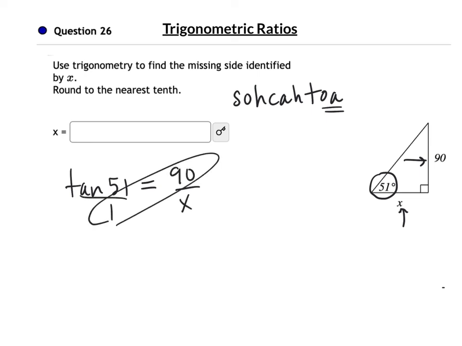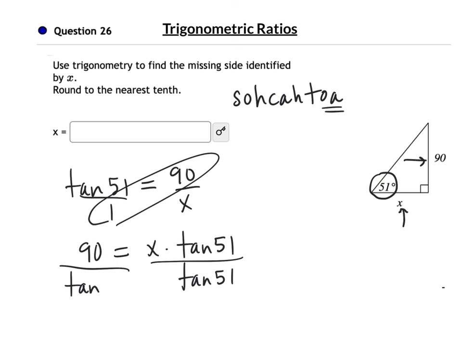Cross multiply. 90 equals x times the tangent of 51 and divide. We get about 72.9.